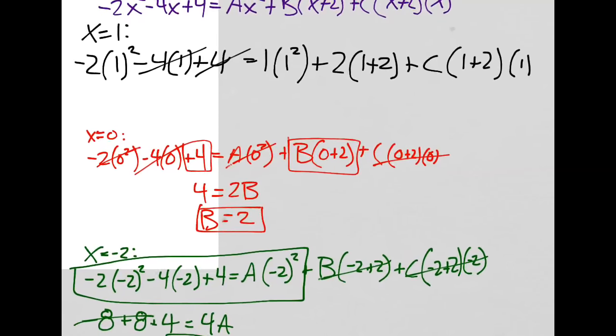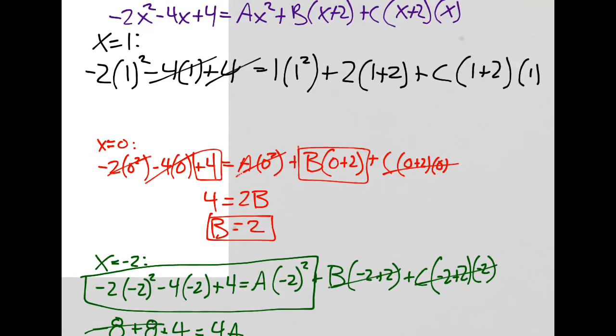And let's simplify everything. On the left, -2 times 1 squared is 1, so I'm left with -2. Equals, on the right here, I have 1 squared is 1, times 1 is 1, plus, I have 2 times 1 plus 2. Well, 1 plus 2 is 3. 2 times 3 is 6, plus I have c times 1 plus 2 is 3, times 1 is still 3, so c times 3.